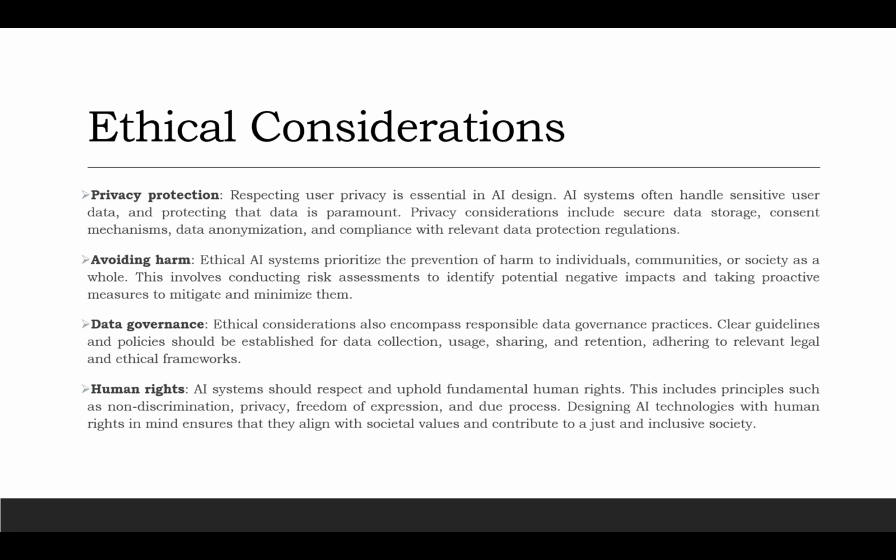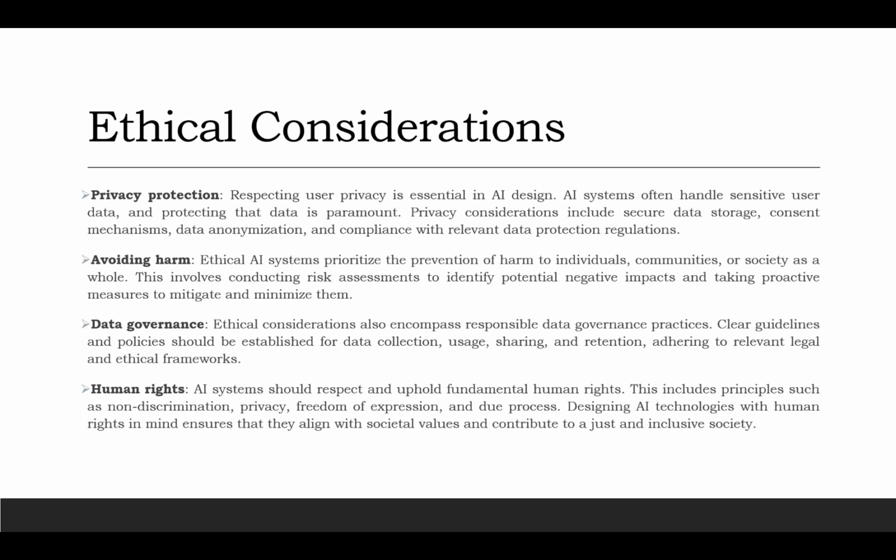And privacy protection involves respecting user privacy. It is very important while designing any AI system, and it includes secure data storage, consent mechanisms, and data anonymization. All these processes and steps should ensure that privacy is protected for the user.